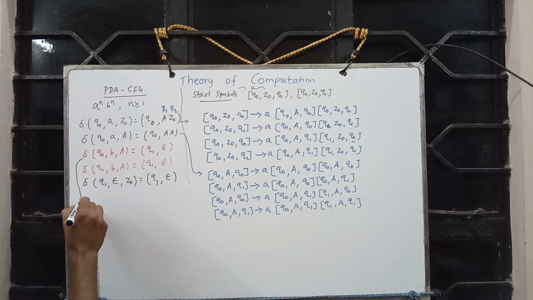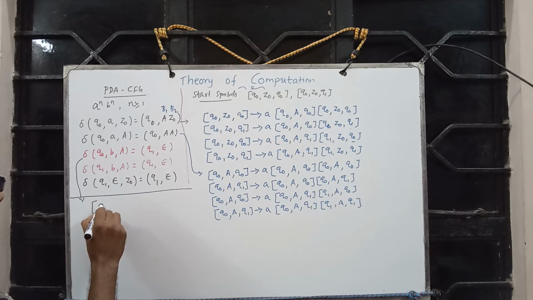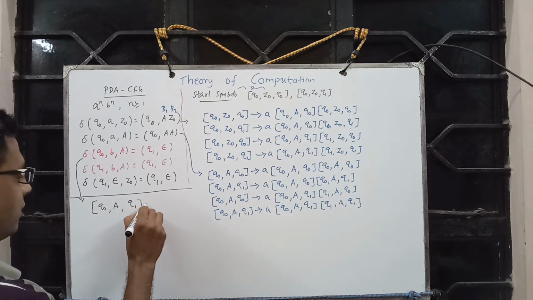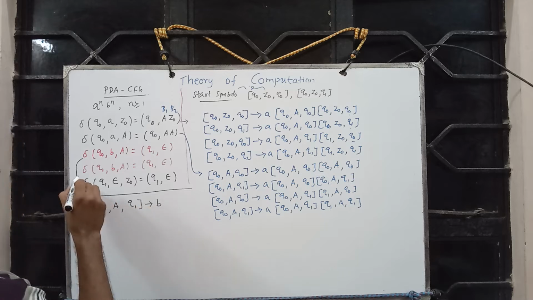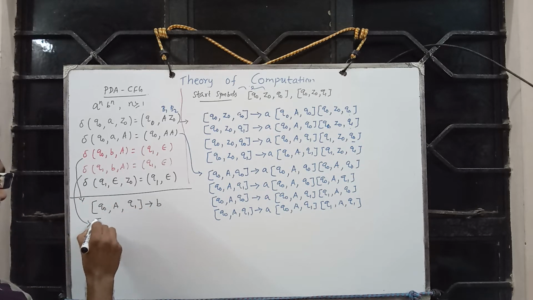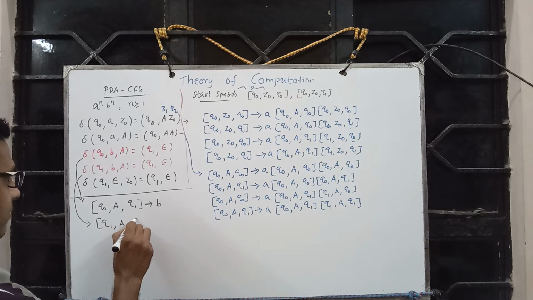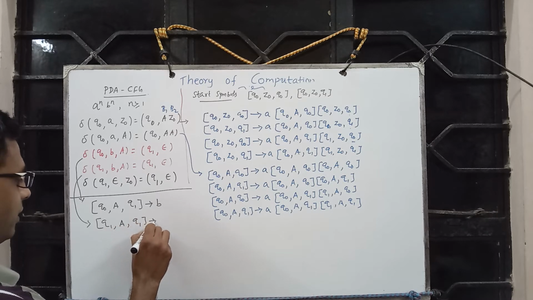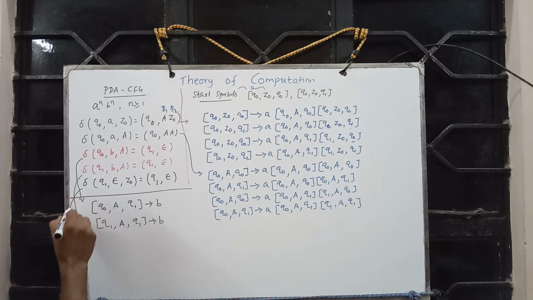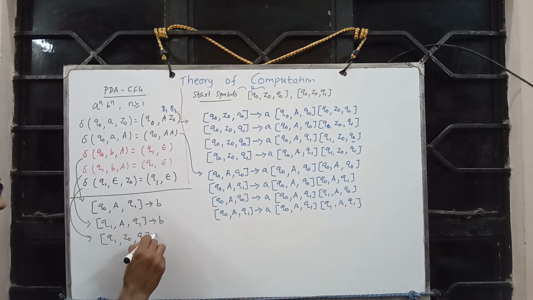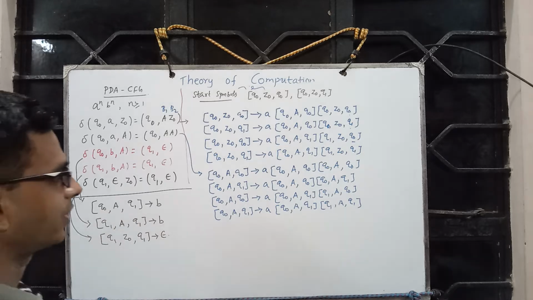So look at this rule. This rule says q0 capital A q1 implies this. This rule says q1 capital A q1 implies this. And this rule says q1 Z0 q1 implies this.